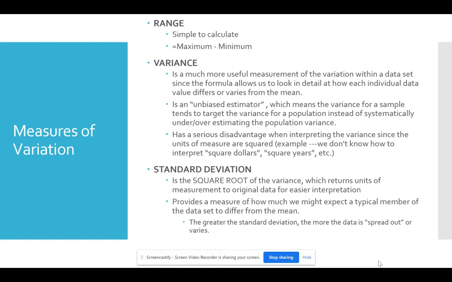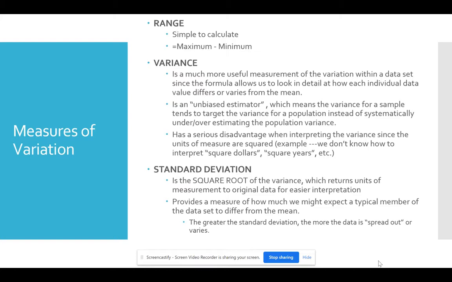The standard deviation is the best of the three, primarily again because it uses all of the data values, and it's also used in other calculations. You have to think about how you would interpret it. The standard deviation gives us an idea of how a typical member of the data set differs from the mean.